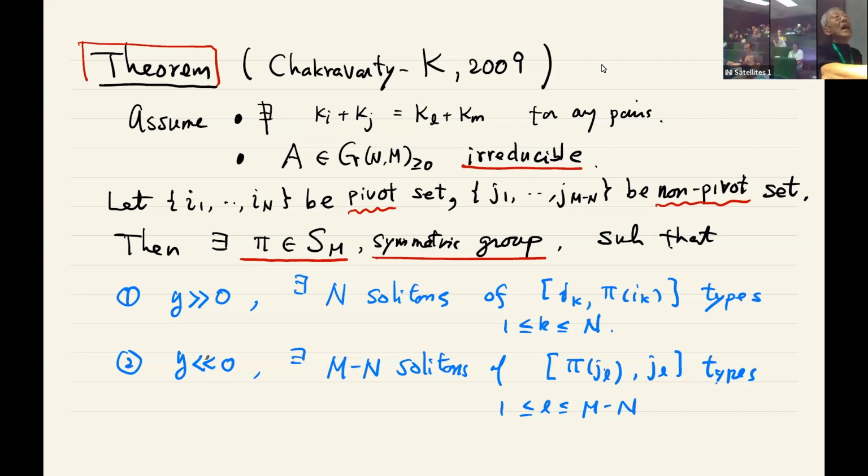And then there exists a permutation pi where the image of i_k is always bigger than i_k. I make this bracket ordered always, so i_k and pi(i_k), pi(i_k) is bigger. This is called an exceedance. So the pivot indices increase, and for the non-pivots the image of j_l is smaller, and there are m minus n of them.